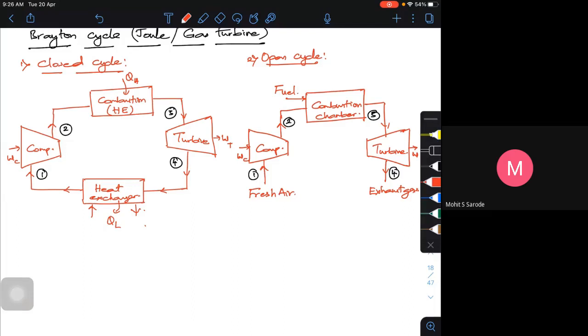I can't have constant volume, so it should be constant pressure. And even the heat rejection takes place at constant pressure only. That's why the heat addition and heat rejection in a Brayton cycle take place at constant pressure.